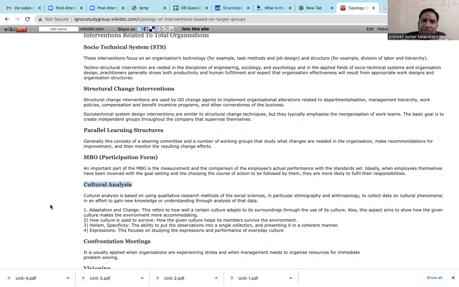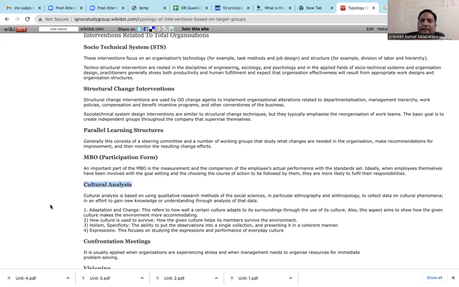Okay, so the next one is cultural analysis. The name itself suggests what exactly cultural analysis is, right? So basically, you are analyzing the culture of an organization. There are various ways where you could measure a particular cultural phenomenon, and depending on the aspect of the culture, you would go with these particular ways. There are 4 themes as far as cultural analysis is concerned.